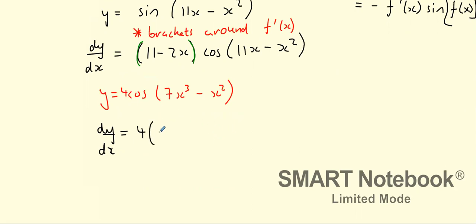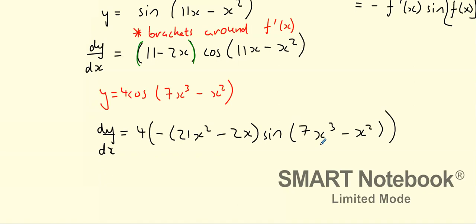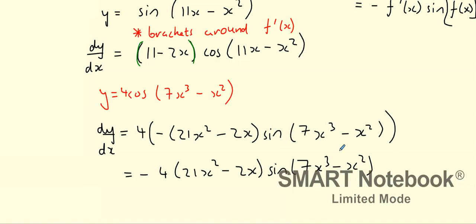Now that is minus, and then f dash of x is 21x squared minus 2x. And then the differential of cos is sine, and then I've got 7x cubed minus x squared. And so when I multiply 4 in there, I can leave it as minus 4 times 21x squared minus 2x, sine of 7x cubed minus x squared.